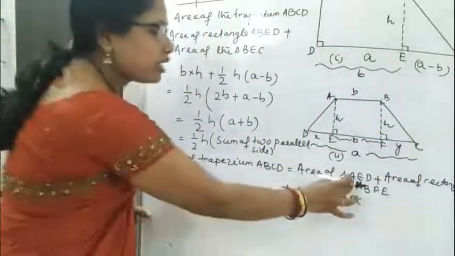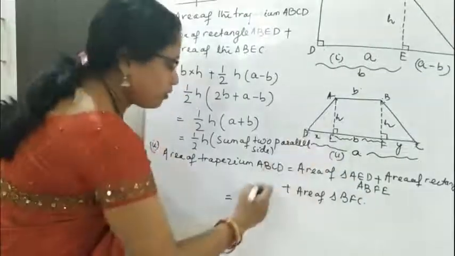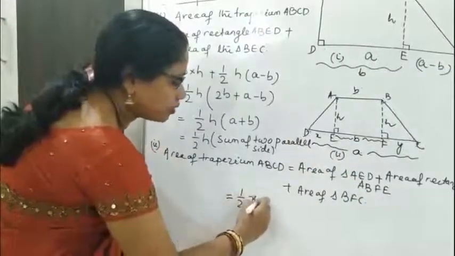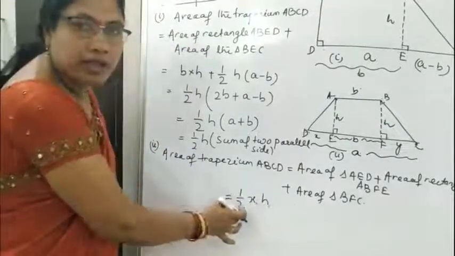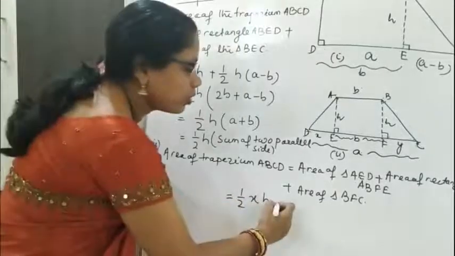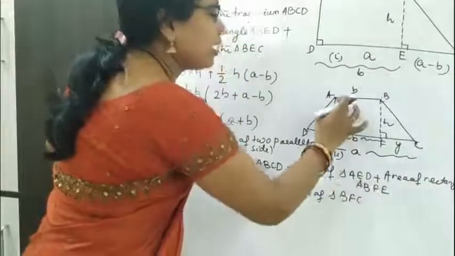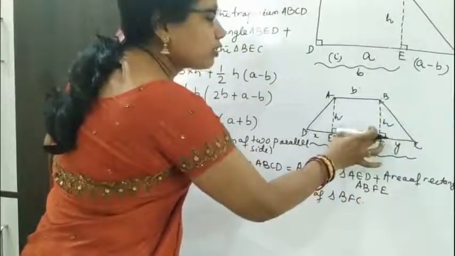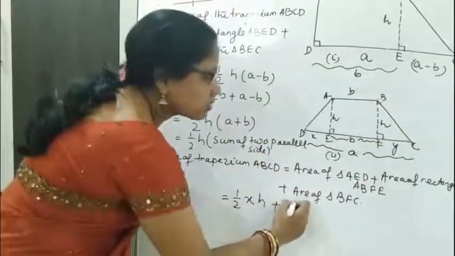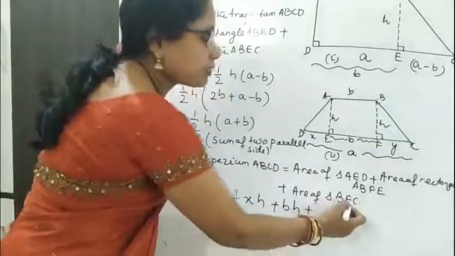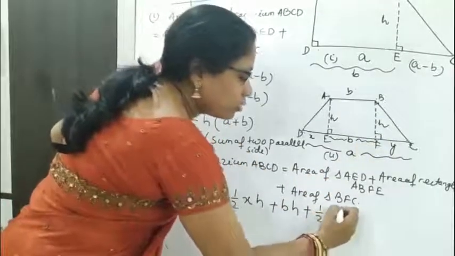So the area of the trapezium is equal to, first, half multiplied by x multiplied by h, as the area of a triangle is half base into height, plus the area of rectangle ABFE, where the length is b and the breadth is h, so this is bh, plus the area of triangle BFC, so half y into h.